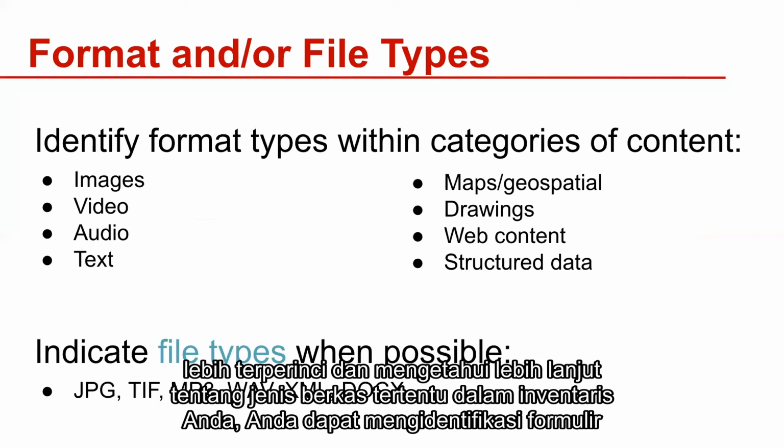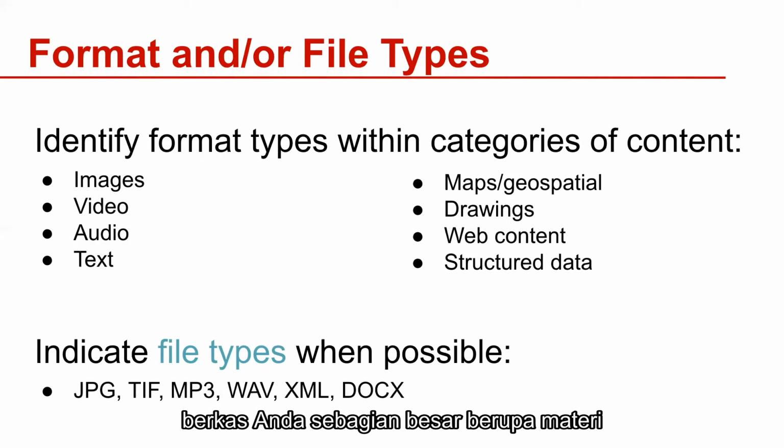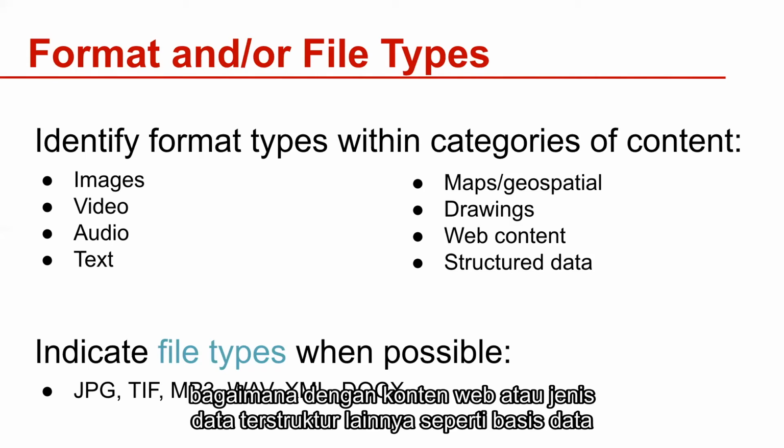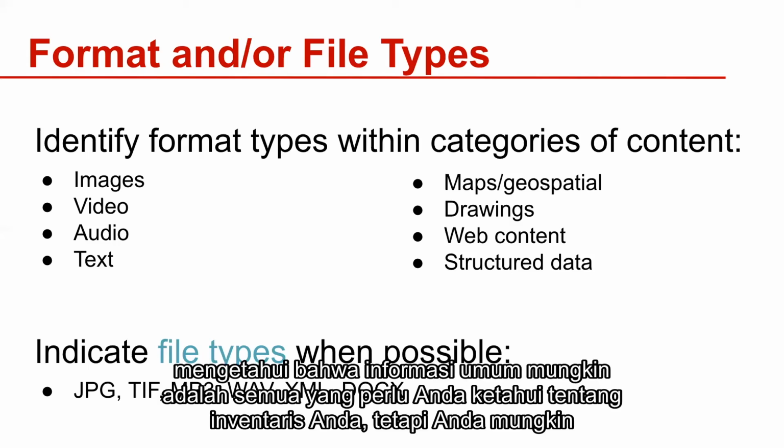In your inventory, you can identify format types within categories of contents, such as, do you have just images, video, audio files? Are your materials mostly text? Or do you have content such as maps or drawings? What about web content or other types of structured data, such as databases? Knowing that general information may be all that you need to know about your inventory.